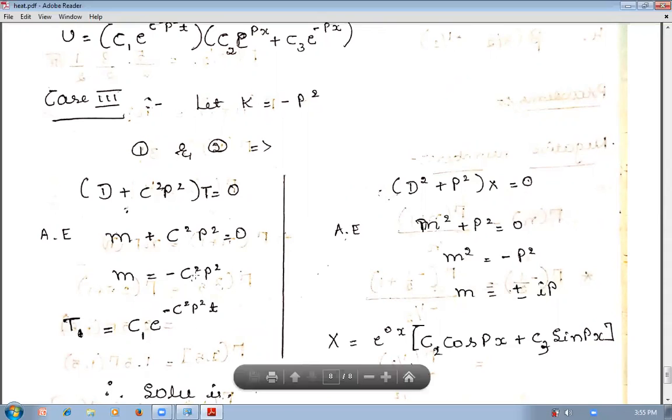Single root, this is the equation with a single root. Solution is T = C1 e^(-c²p²t).